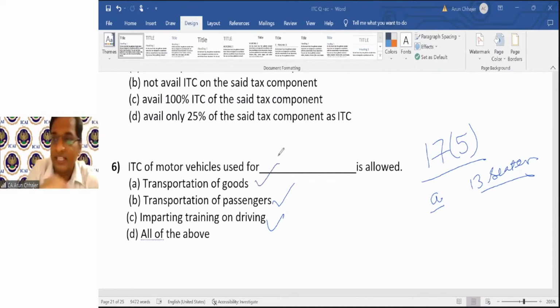And the transportation of persons is only blocked, so the transportation of goods will always be allowed. As per 17.5, these two are specifically covered in the exception, and these are by default in the exception because the block credit is talking about motor vehicles for transportation of persons. If it is being used for transportation of goods, ITC will always be allowed. So the right answer is all of the above.